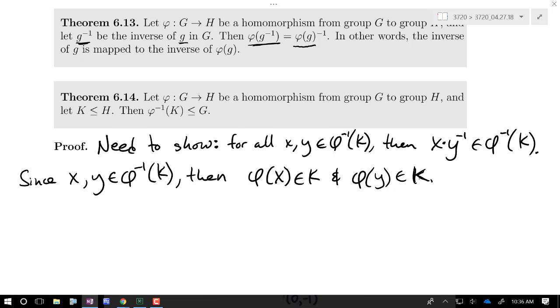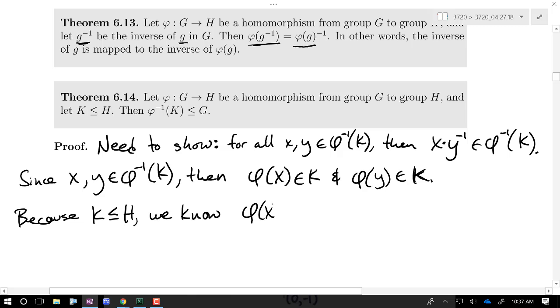The other thing we know is that K is a subgroup of H. Now that we have phi of x and phi of y as elements of K, we can use that subgroup criterion on those elements. So phi of x times the inverse of phi of y has to be an element of K.